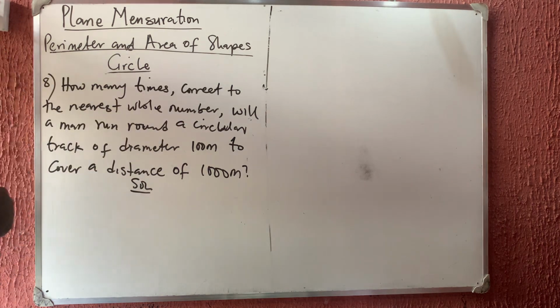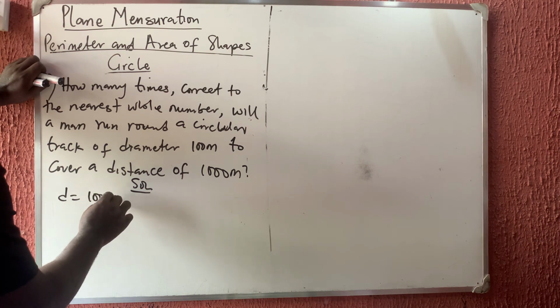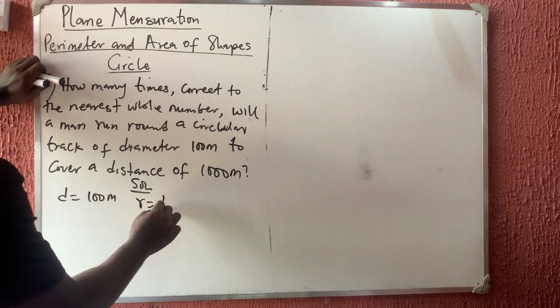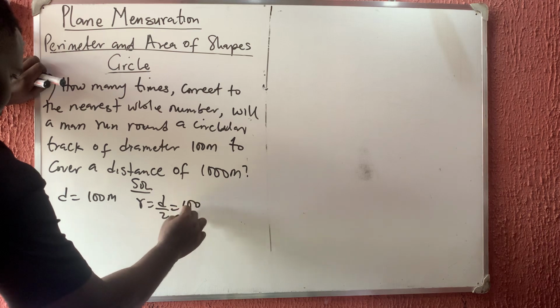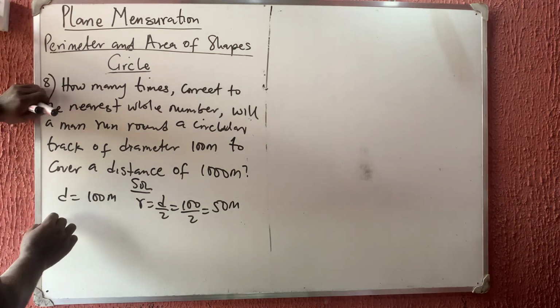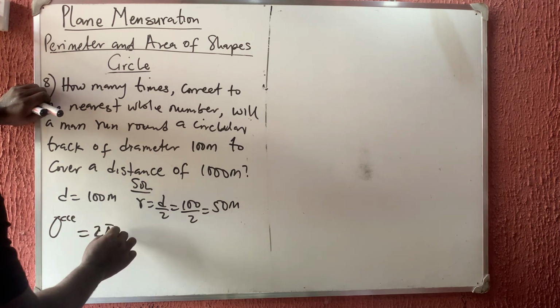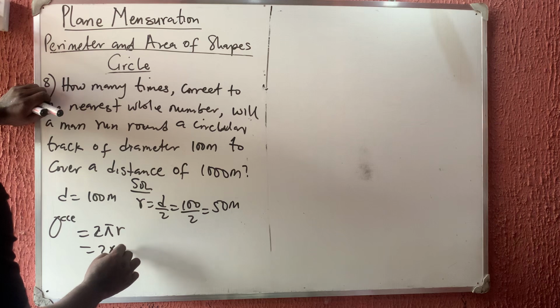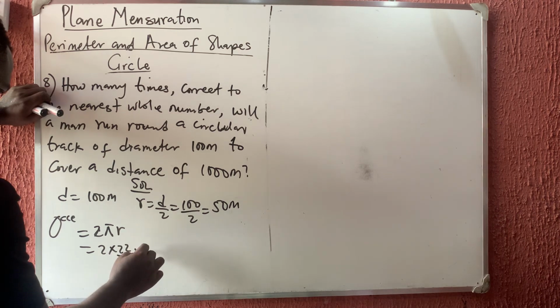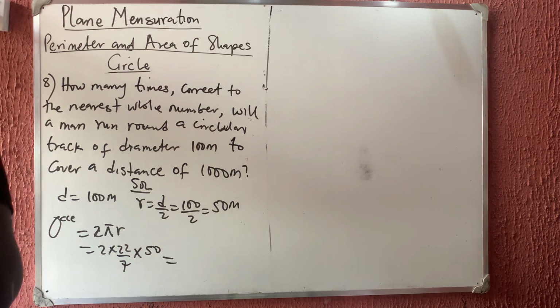First of all, they gave us that the diameter is equal to 100 meters. Therefore, the radius is the diameter divided by 2, which is 100 by 2, which is 50 meters. We know that the circumference of a circle is given as 2 pi r, which is 2 times 22 over 7 times my r, which is 50.